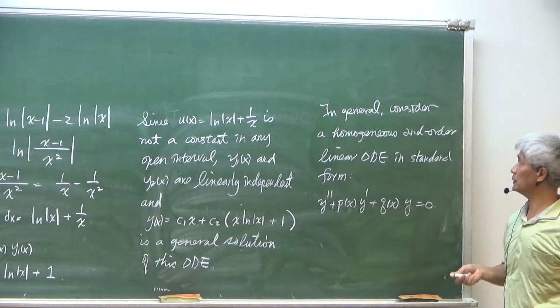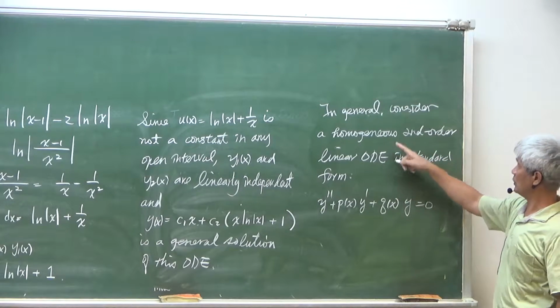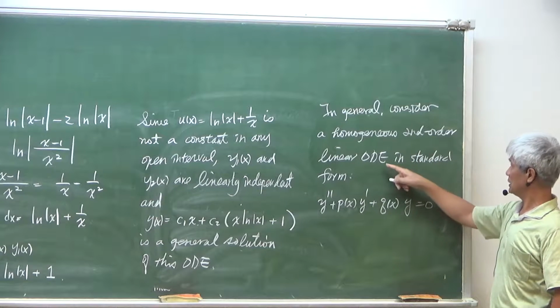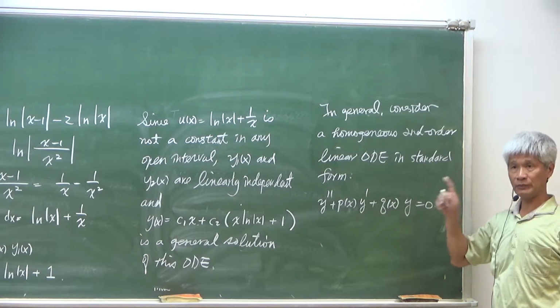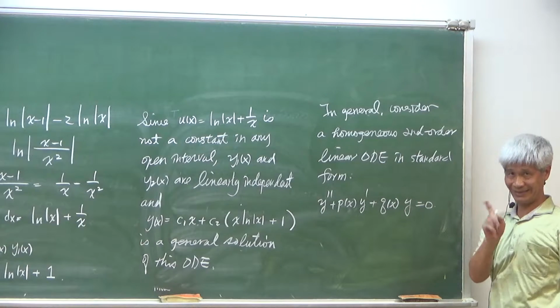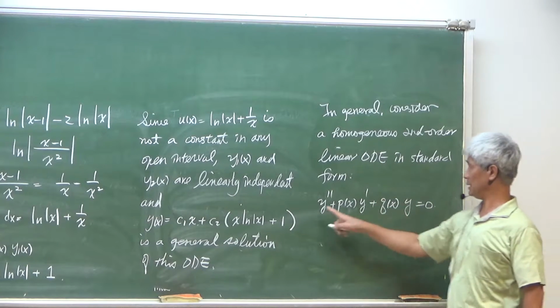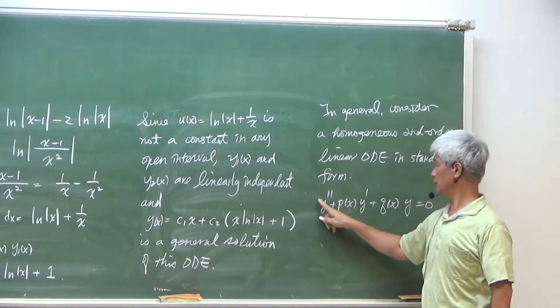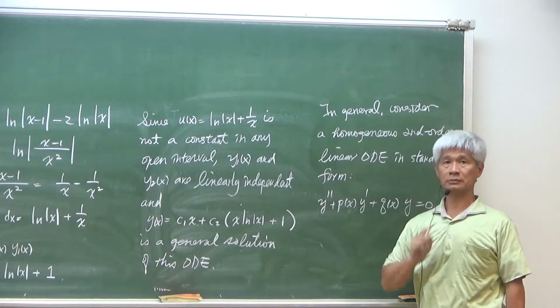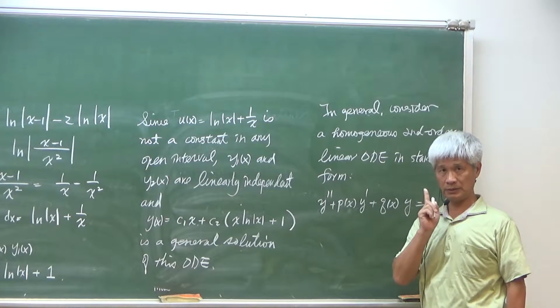Okay, so in general, consider a homogeneous second order linear ODE in standard form. It's very important to write the ODE in standard form, namely, the coefficient of y double prime is 1. Okay, this is the standard form.